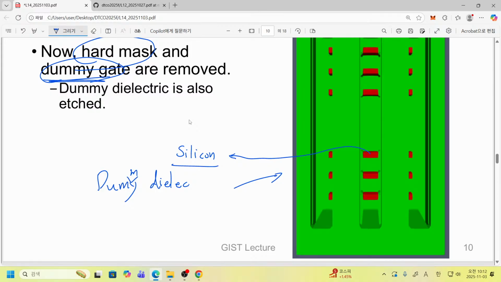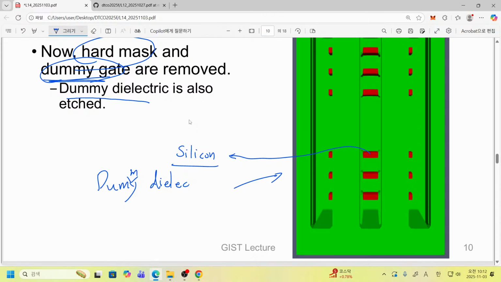When we start our entire procedure, we first introduce about a 2 nanometer thick dielectric layer, silicon dioxide, to protect our very precious silicon fin. So that also should be eliminated. Yes, the dummy dielectric is also etched. Then only after that can we have an exposed silicon fin.